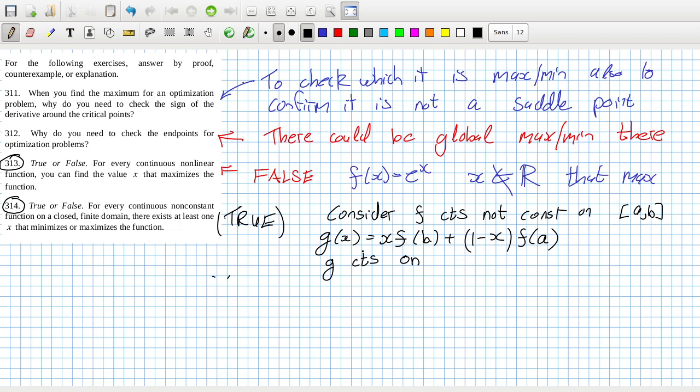Oh yeah, I do have to match it up with a and b. Okay. All right. So I should change x then. So I need [0, 1] to map to [a, b].